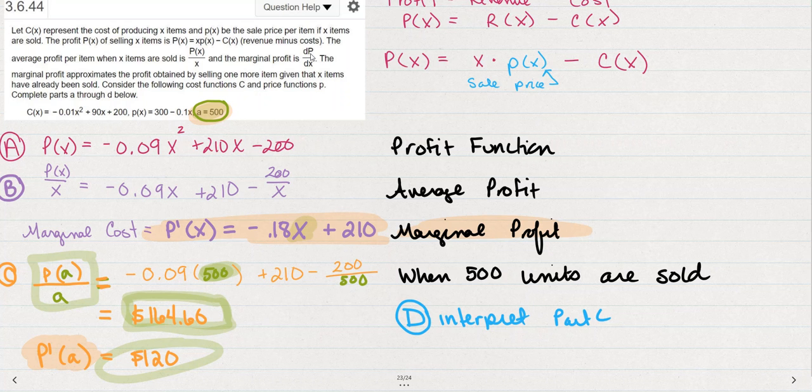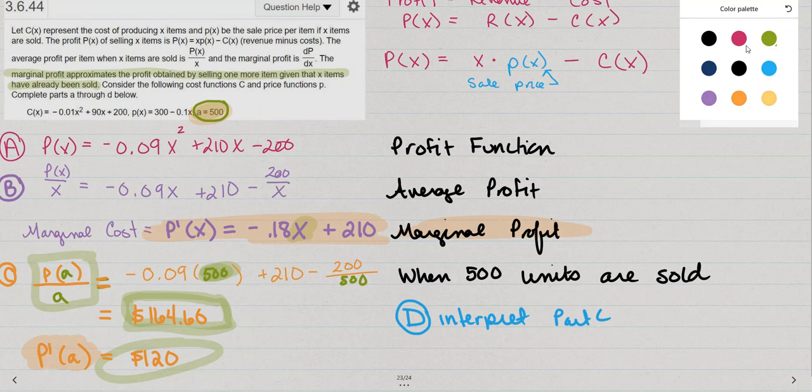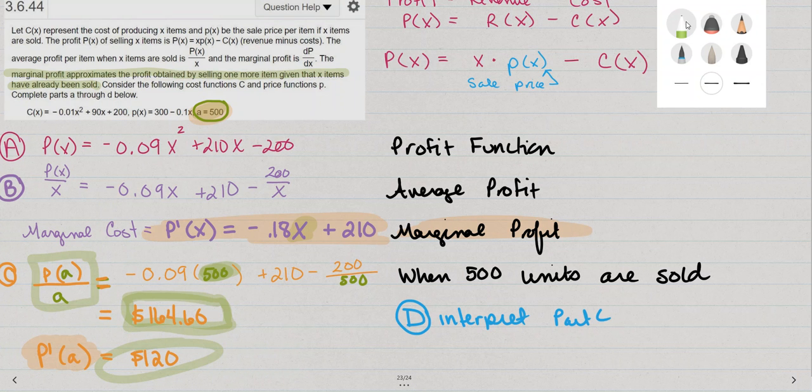We could also interpret the marginal profit, and if you read the definition here, the marginal profit approximates the profit obtained by selling one more item given that x items have been sold. So we could say that the profit, let me jot this down so that you're clear on this.